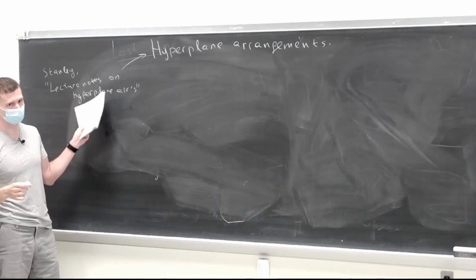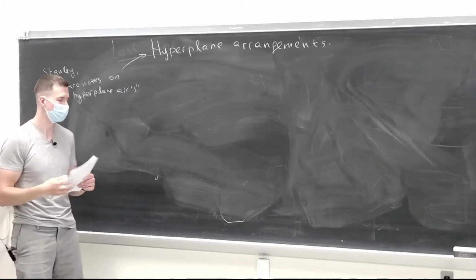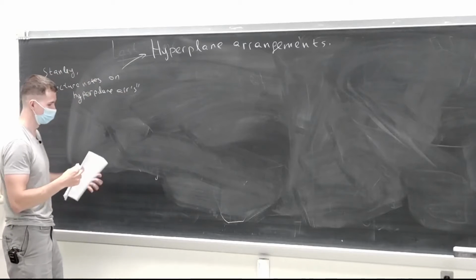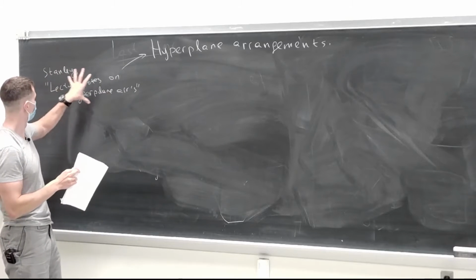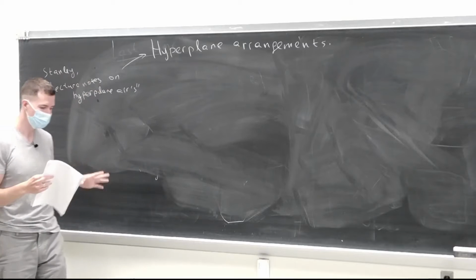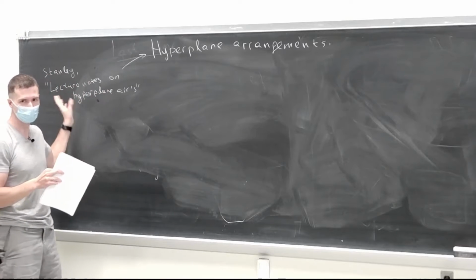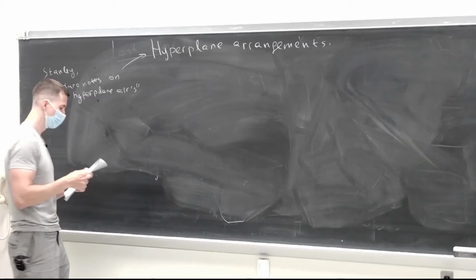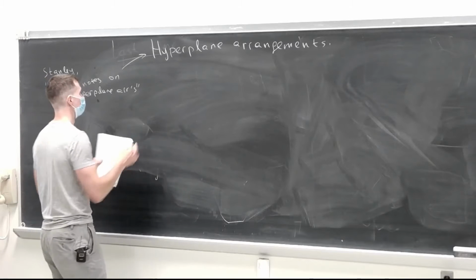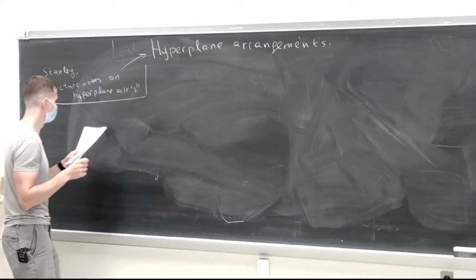It's free, it's online, a PDF, you can enjoy. Yeah, that's actually pretty cool stuff. So I'm going to follow these lecture notes in some sense, and all the proofs can be found there. But I'm also going to give some of the proofs, the ones that are easy.